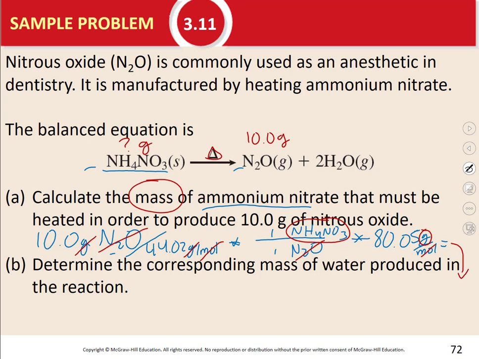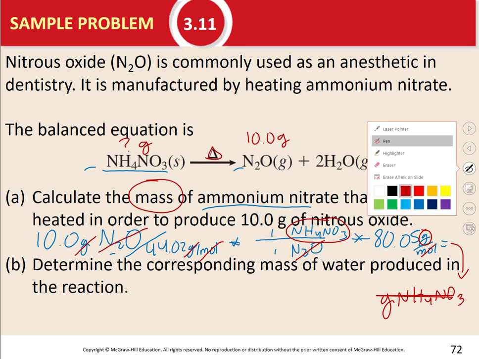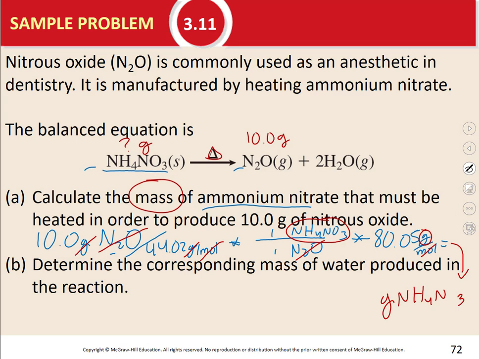I'm going to write it down here because I ran out of space. Get an answer? I got 18.18. Yeah, 18.18. We've got 3 sig figs, so we're going to round that to 18.2. And that's the correct answer. 18.2 grams of ammonium nitrate.